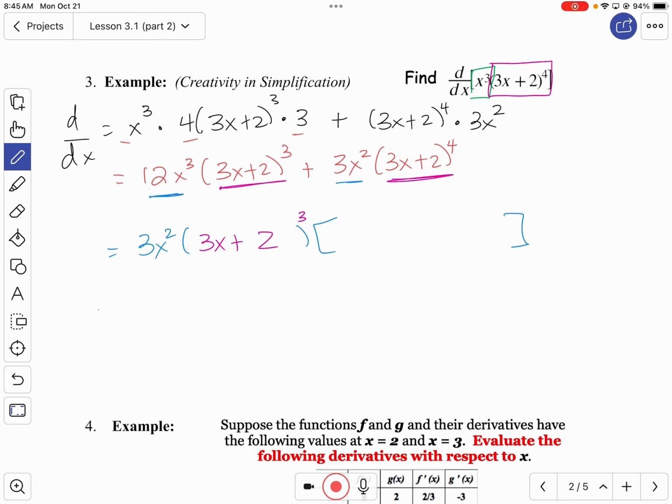And then I have 3x plus 2 to the fourth, but I pulled out a 3x plus 2 to the third. What does it leave me with? A 3x plus 2. So the most factored version of this expression is this: 3x squared, 3x plus 2 cubed, 7x plus 2.